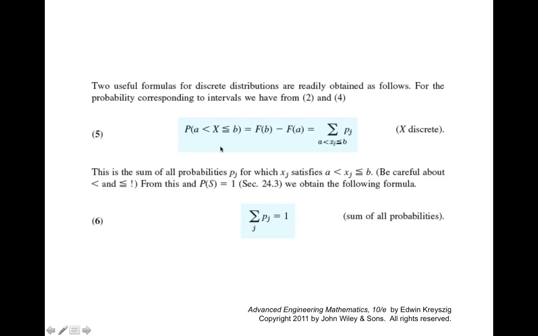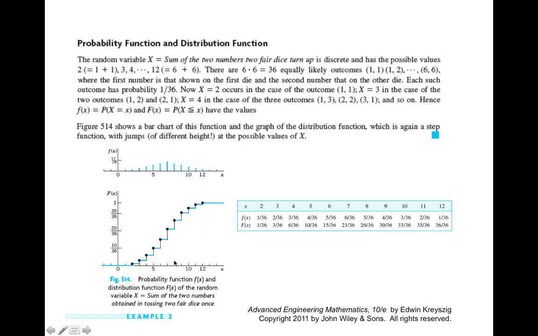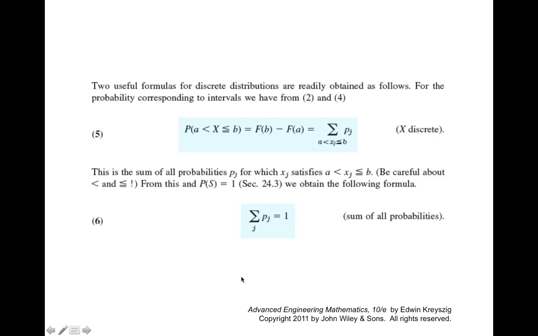So this is a formula that we've seen before. If you have a discrete distribution, the probability that x lies within a and b is, let's go back to the previous slide, like the probability that x lies between 5 and 8. You would take the distribution function value at 8 and subtract the function at 5, and that's what you would get excluding 5.